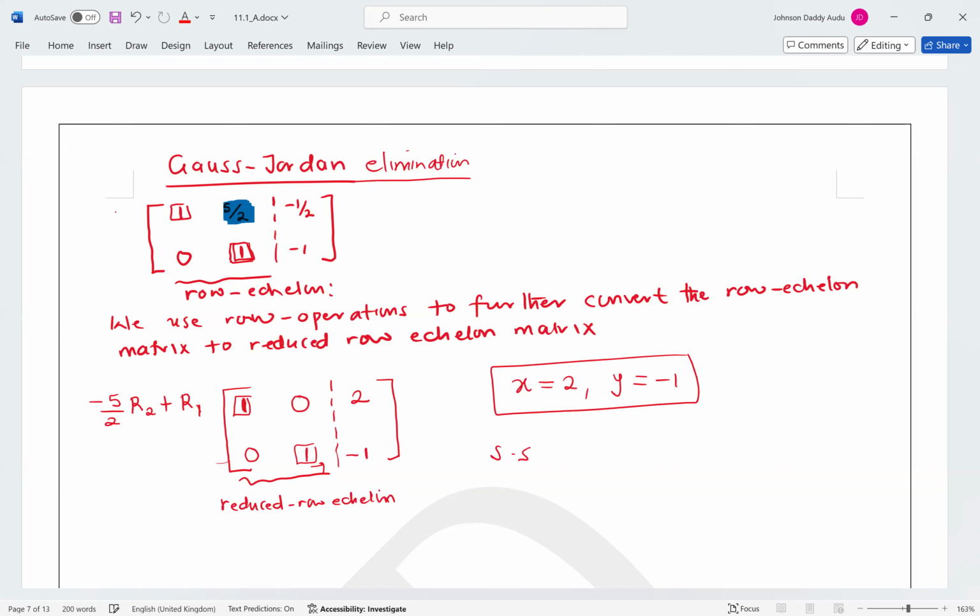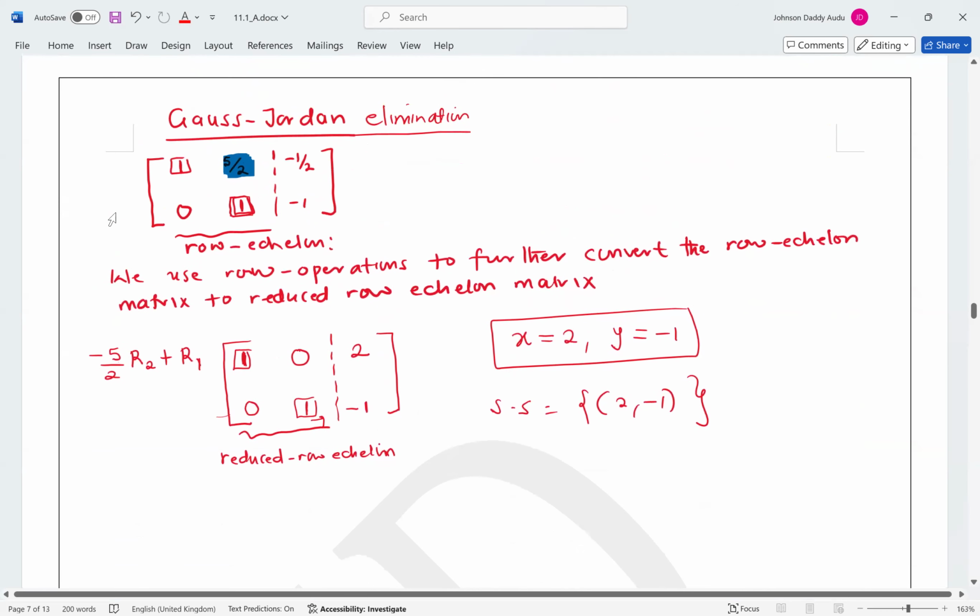So the solution set is simply 2 and minus 1. If you are asked to just solve a linear system, you can choose any one you want to use. You don't have to use Gauss-Jordan. You can just stop at Gaussian elimination. But if it is specifically mentioned that you should use Gauss-Jordan, then you have to get up to this point, which is getting the reduced row echelon matrix.